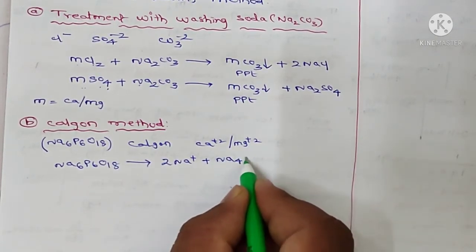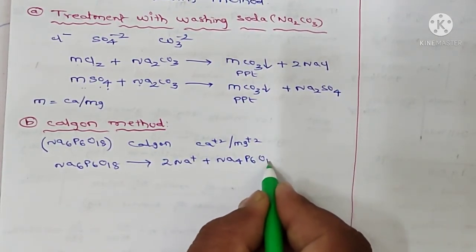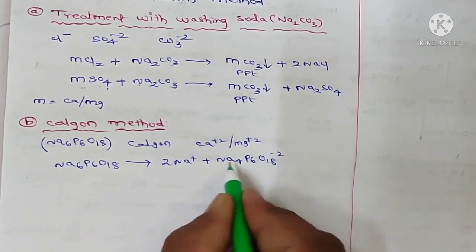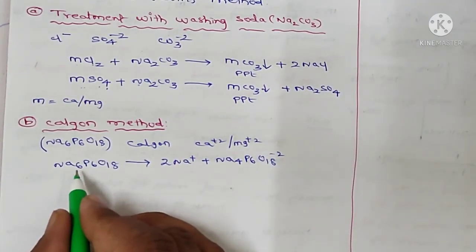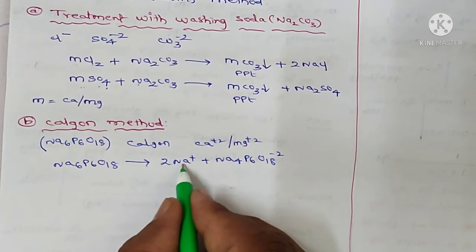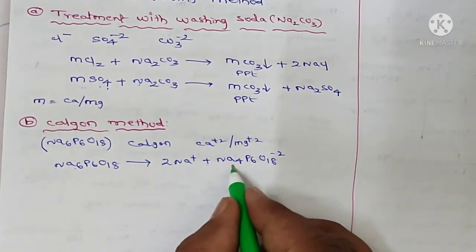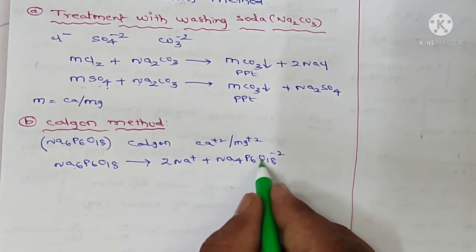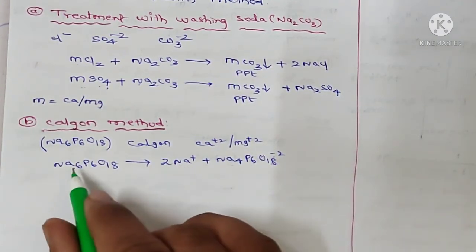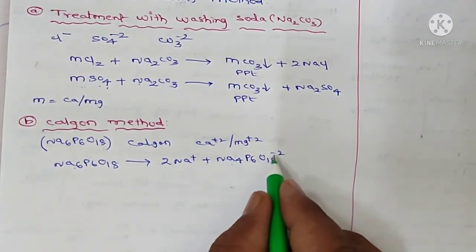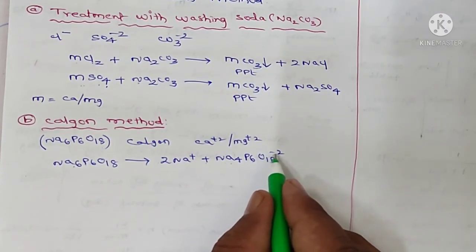So 2Na plus, remaining 4Na and P6O18. So it will give 2 positive ions, and the complex ion Na4P6O18 minus 2.